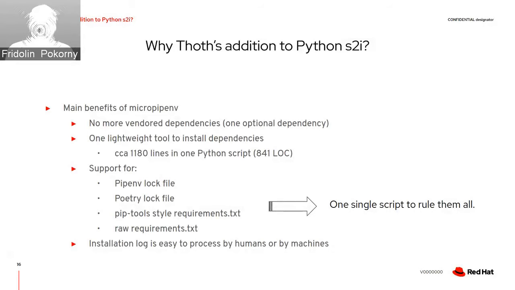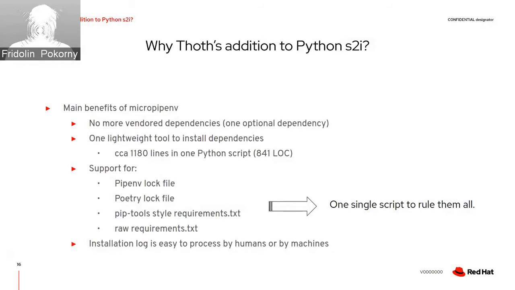Introducing one common base tool that can install dependencies from these files also offered an easy to follow installation log. Previously, when pipenv was used, pipenv is quite silent about what's going on, and if it fails, the log is sometimes not easy to follow and not very readable.